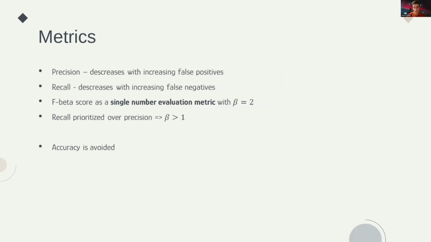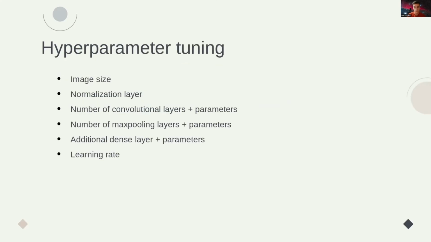Accuracy was avoided since it isn't a good indicator of the model's performance when the dataset isn't balanced, and we can't prioritize false positives or false negatives over one another. That metric looks the same at both of these.